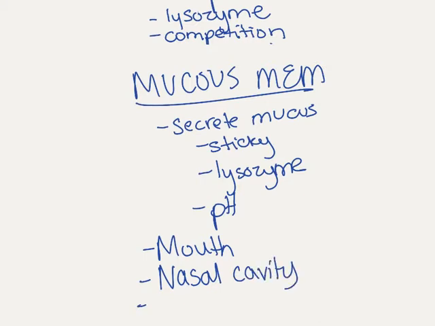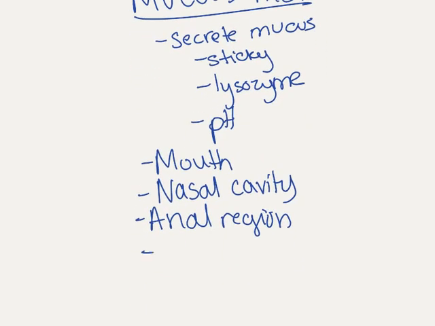And the nether regions, for obvious reasons, being able to excrete waste. And the vaginal and penile regions. Yeah, you just got me on video saying vaginal and penile regions as well.